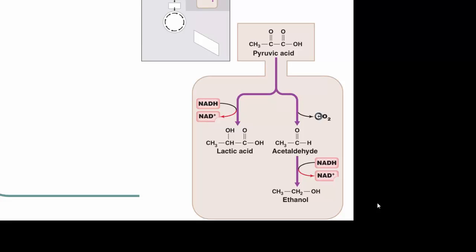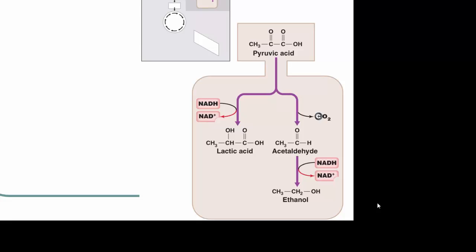This occurs in our body. If pyruvic acid at the end of glycolysis does not have oxygen to enter the citric acid cycle, we then convert pyruvic acid to lactic acid. Anyone a marathon runner? Why do marathon runners hit the wall?